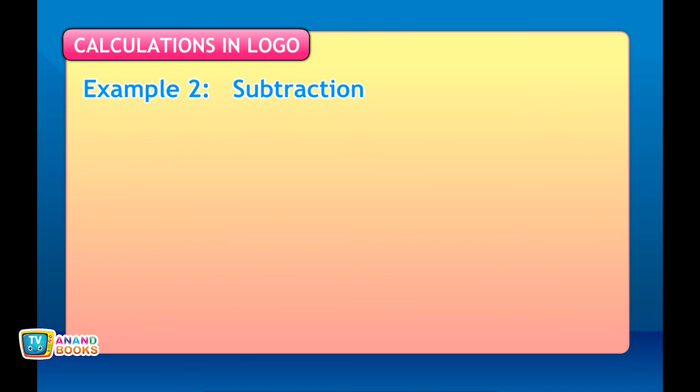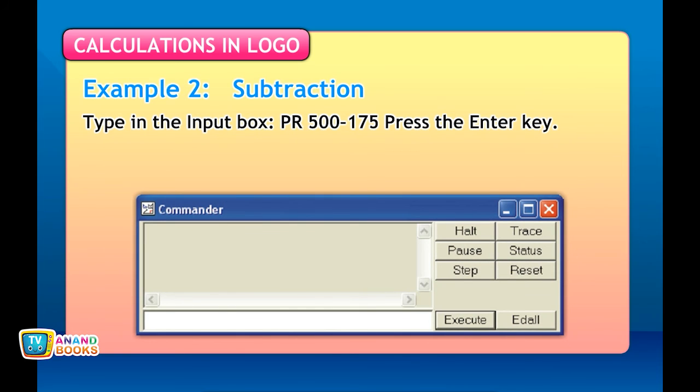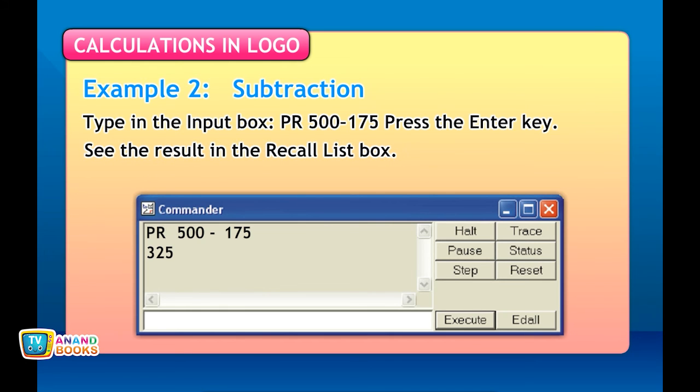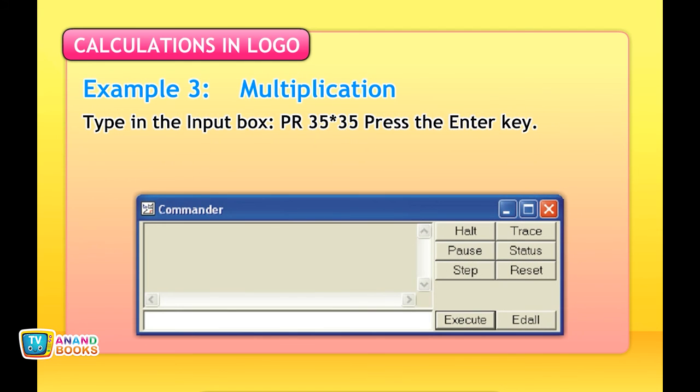Example 2. Subtraction. Type in the input box PR 500 minus 175. Press the Enter key. See result in the recall list box. Example 3. Multiplication. Type in the input box PR 35 multiply 35.